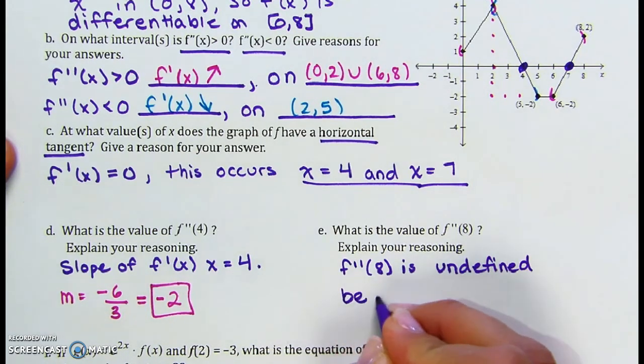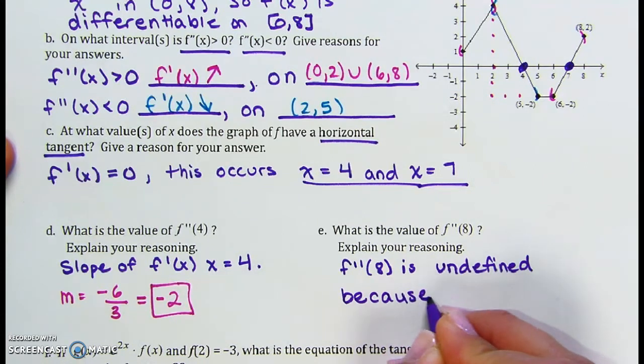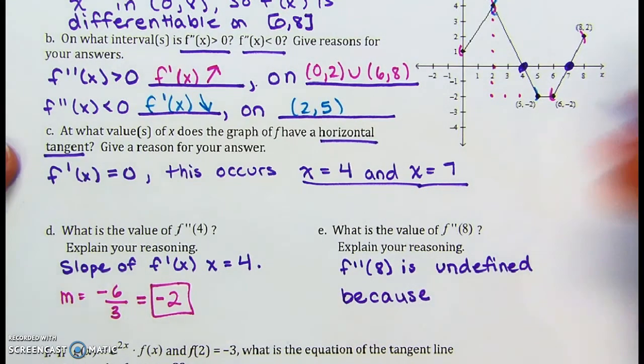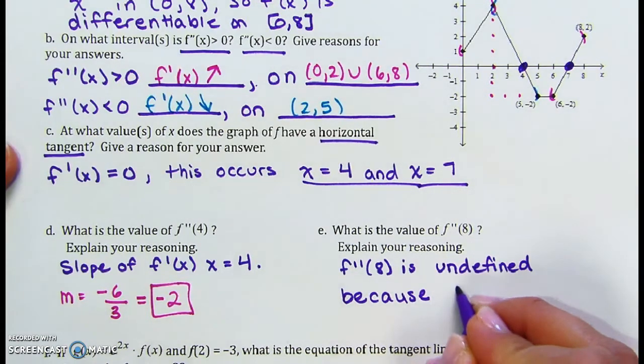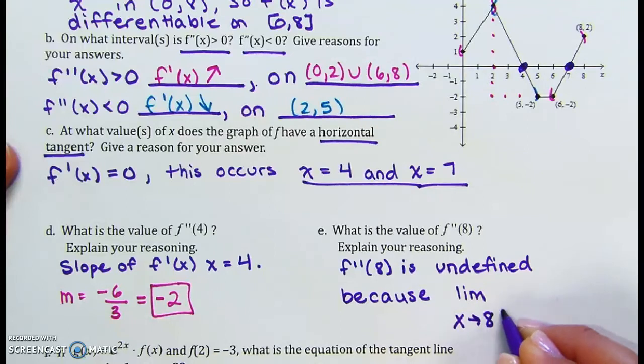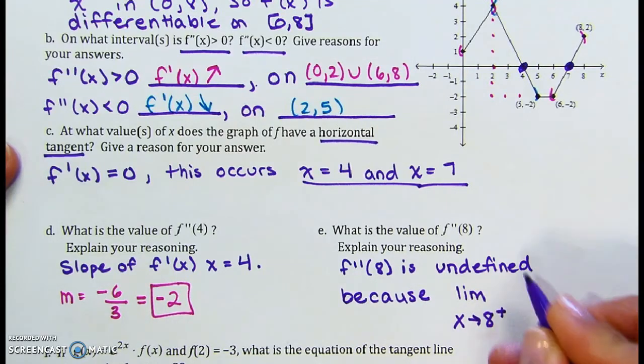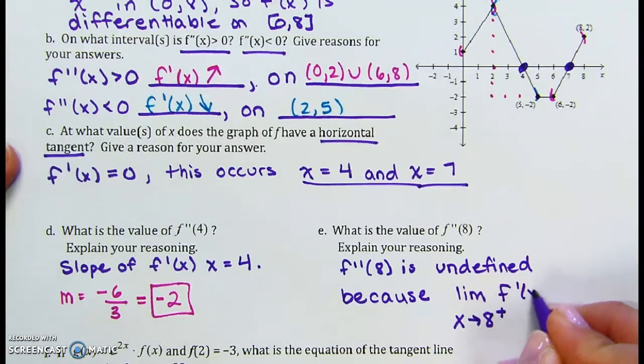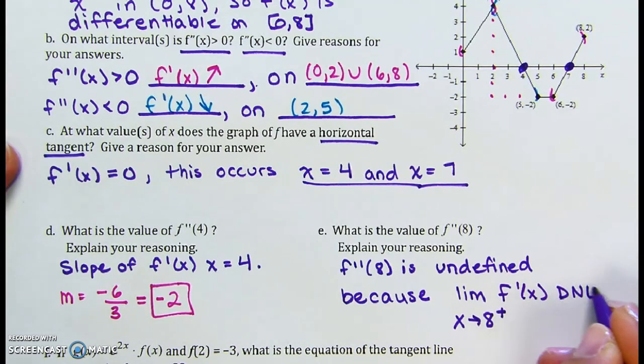Here's what you're going to say in your head: there's nothing on the other side, or we don't know what's happening on the other side. But here's a real fancy math way to say it. Because, you ready? The limit as x approaches 8 from the right-hand side of f prime does not exist. We don't know what's happening on the right.